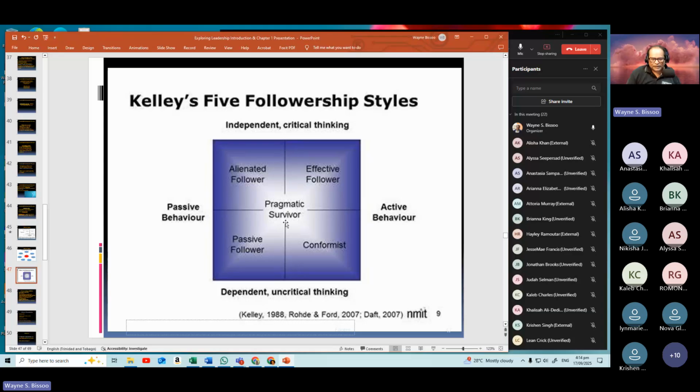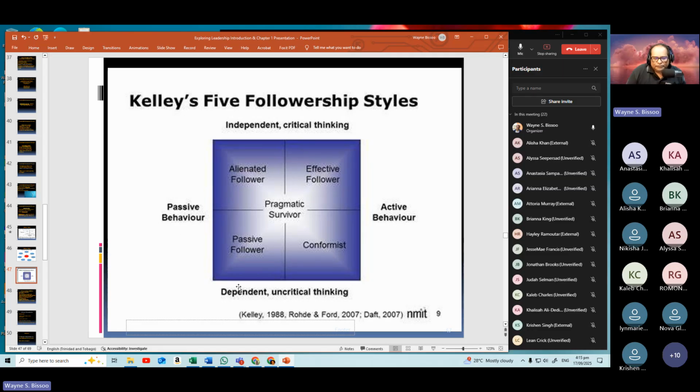This is more of a larger spectrum, because at the zero mark here we have an X and Y axis, and we're looking at passive behavior versus active behavior on the x-axis, and independent critical thinking versus dependent on critical thinking. So we can have negative independent, which takes us into the dependent area. That's why we need that zero origin, because it goes into negative values.